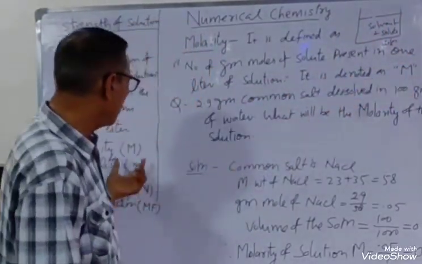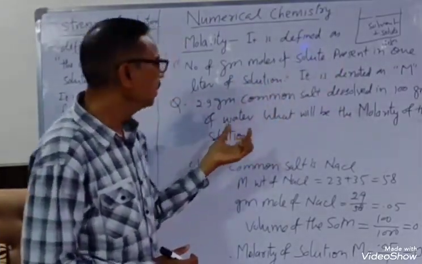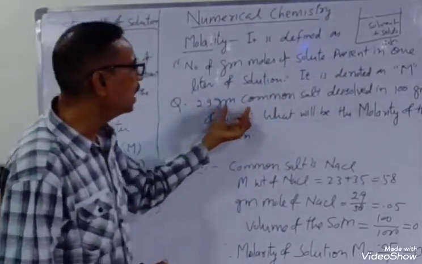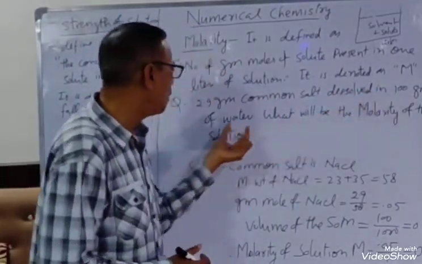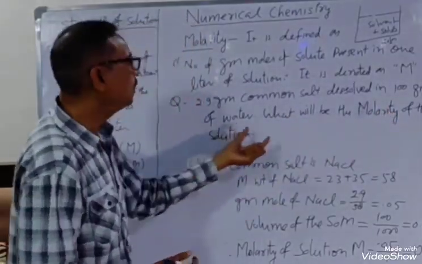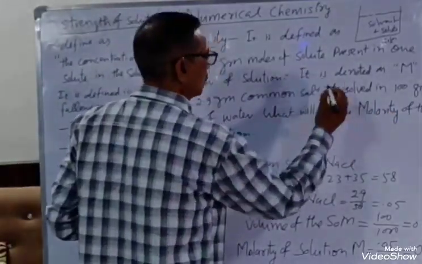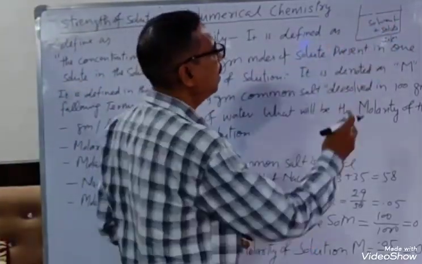As I have told you here, we will understand this thing by an example. Suppose 2.9 gram common salt is dissolved in 100 gram of water. What will be the molarity of the solution? So, suppose this is the water, 100 ml water.